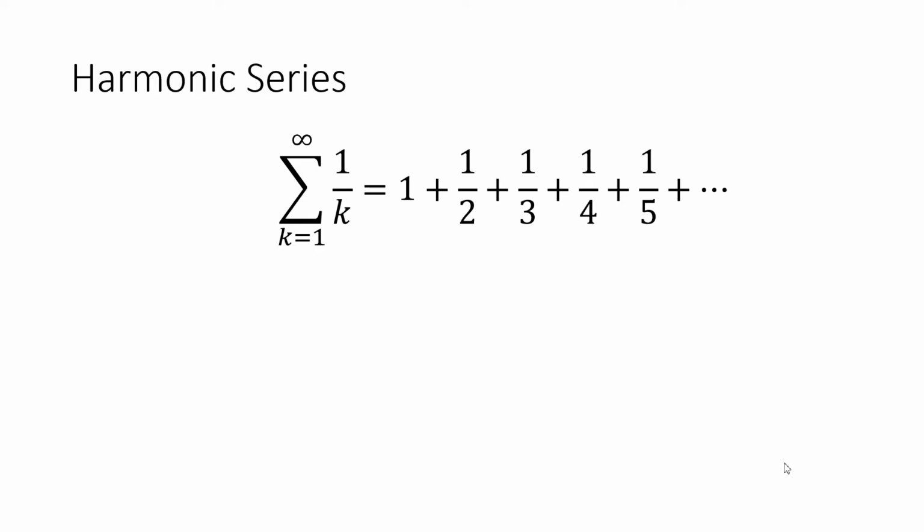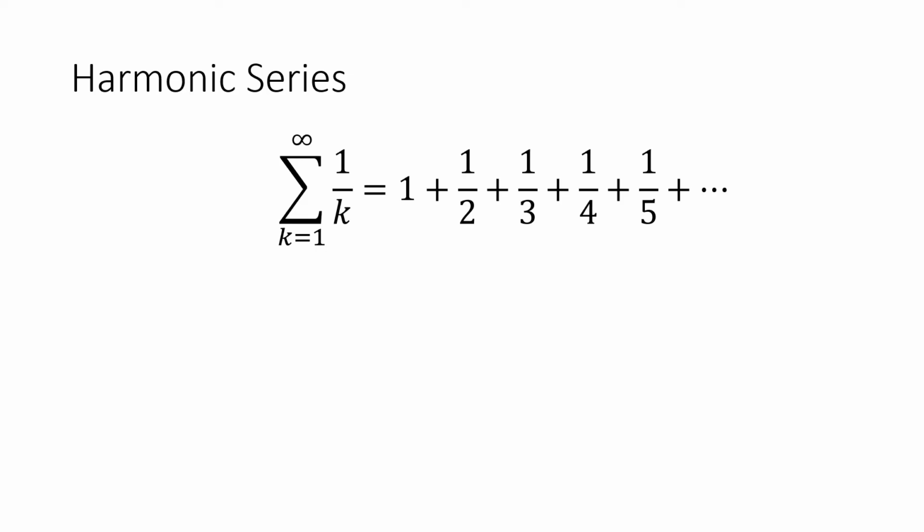However, the divergence will become apparent when we examine the partial sums in detail. Because the terms of the series are all positive, we can look at the partial sums.